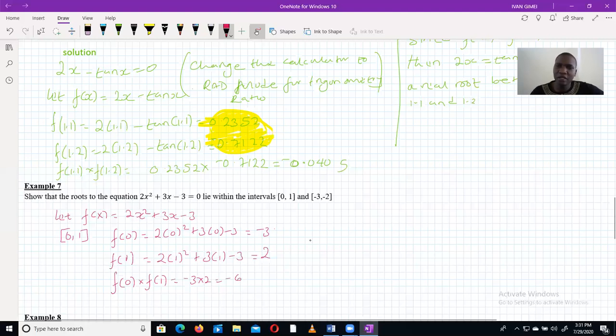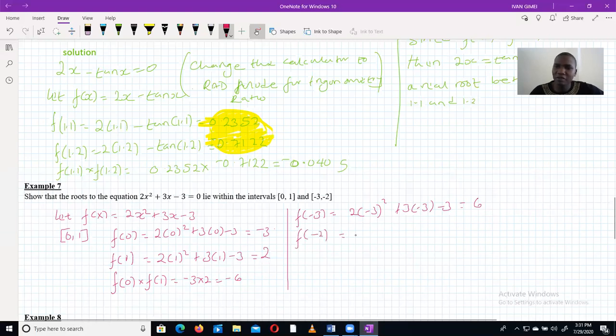Then we can continue and even deal with what is f of negative 3. This will be the same as 2 into negative 3 squared plus 3 into negative 3 minus 3, which gives me 18 minus 9, that gives me 9, and this gives me 6. What is f of negative 2?